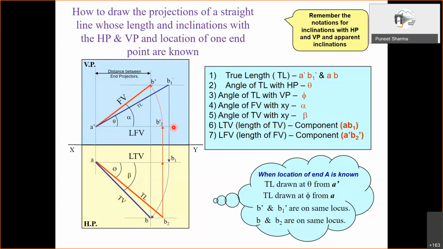The length of the top view is this much as long as the inclination of the line is theta with the horizontal plane, and the distance of B from the XY line will be this much as long as the inclination of the line is phi with the vertical plane. So we bring it over here, both the conditions are merged, and we get this AB. And as I mentioned again, B dash and B will be on the same projector.